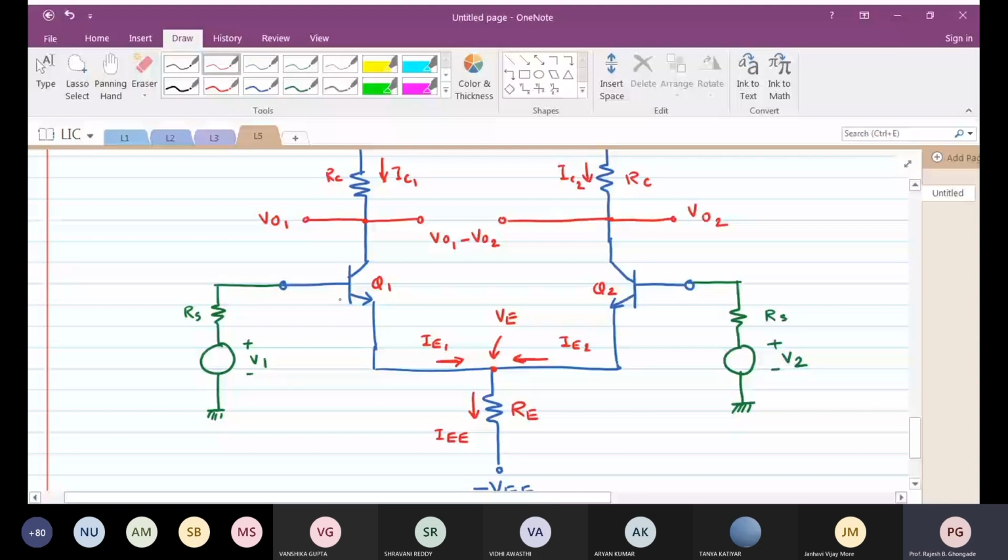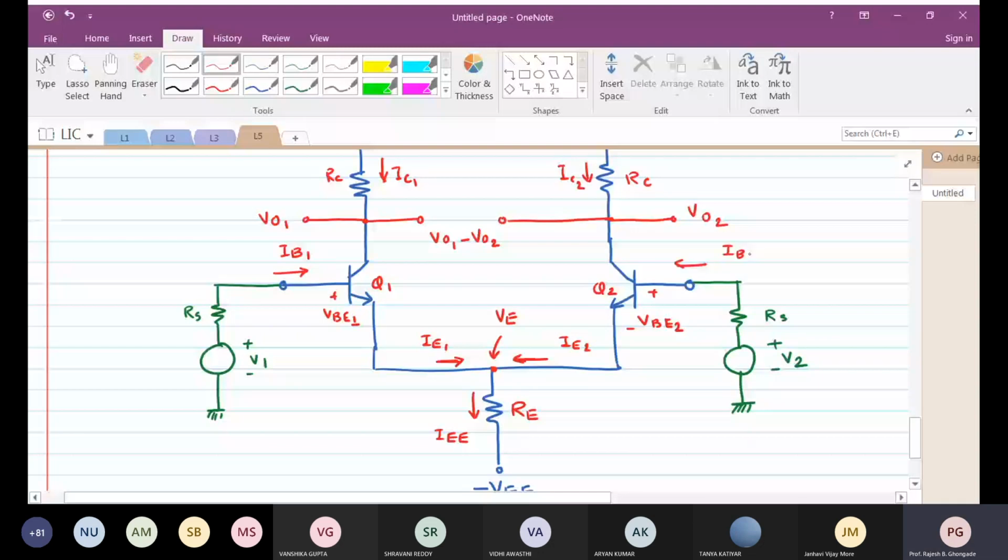This is plus minus VBE2. This is the IB1. This is going to be IB2.